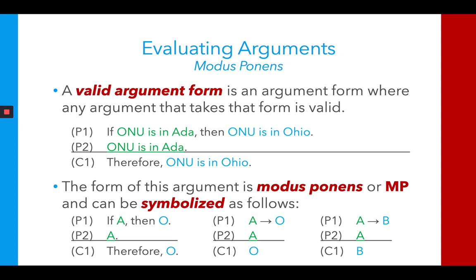If we looked at what are called necessary and sufficient conditions, we'd see that A is sufficient for O, A guarantees O, and O is necessary for A. Whenever that's the case, we have this A arrow O relationship. Premise 2 again is just A, stating A is true. So if A is true, then O is true, A is true, therefore we know that O is true. That's one way we might symbolize this particular argument.